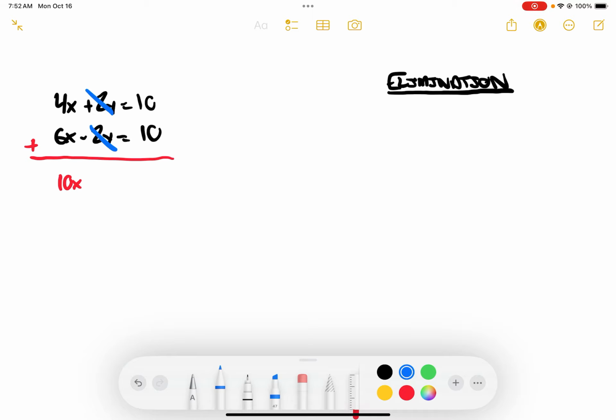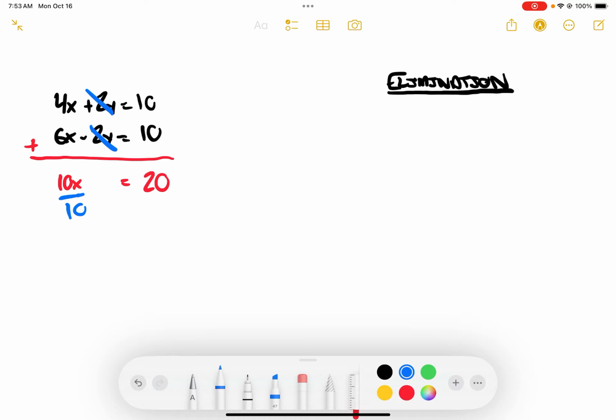So watch my y variable as it completely disappears. And 10 plus 10 is 20. And notice in one fell swoop, I have gone from two equations with two variables to one equation with one variable. And I avoided all the legwork that would have been necessary with substitution.